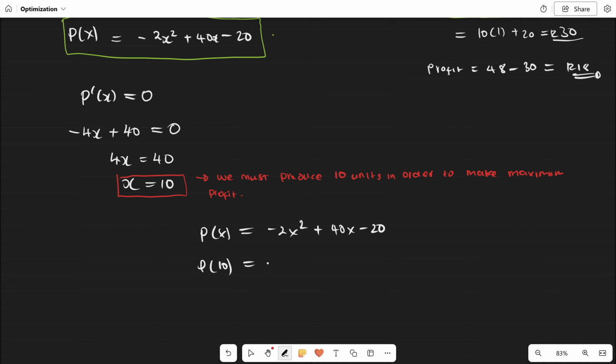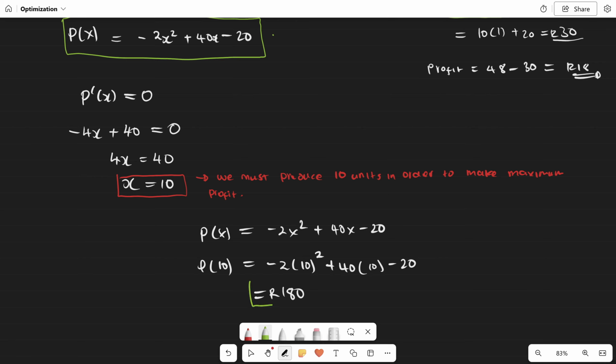So this is negative 2 times 10 squared plus 40 times 10, minus 20, which is equal to 180. This is the maximum profit that the company can make.